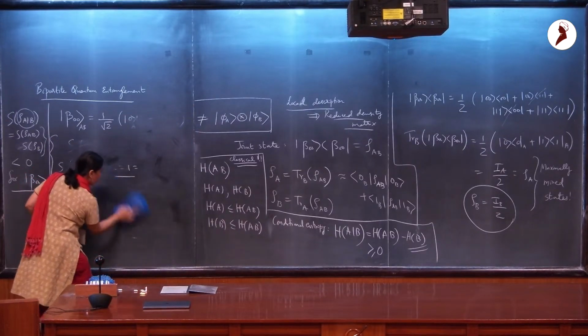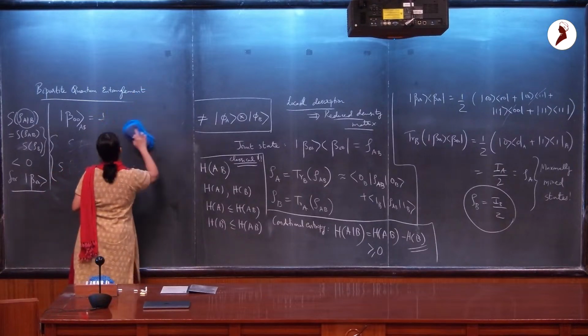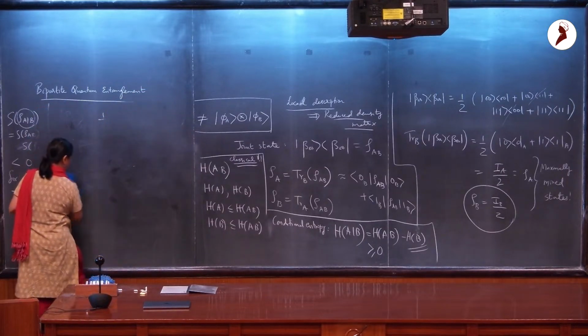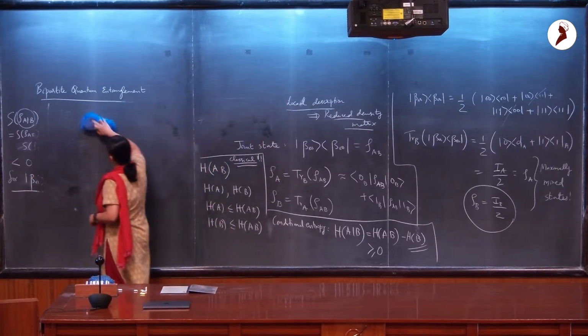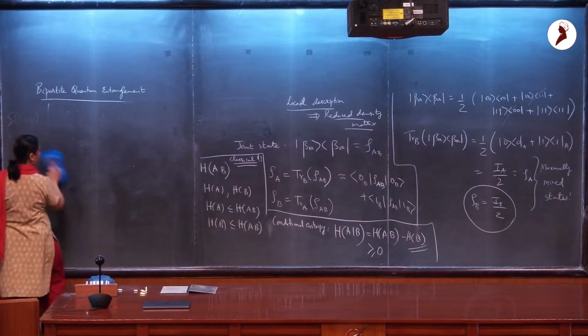Okay, so the reason I also wanted to talk about the reduced density matrix is to talk about the subsystem von Neumann entropy and the Schmidt decomposition. So let me quickly talk about that.